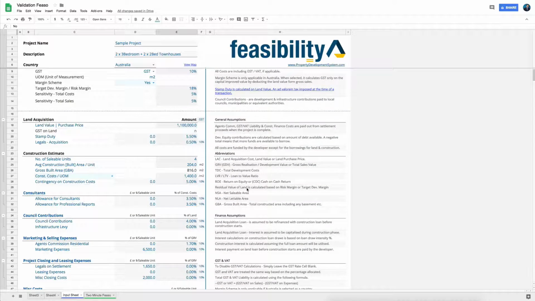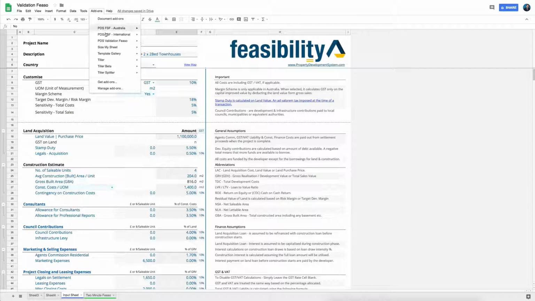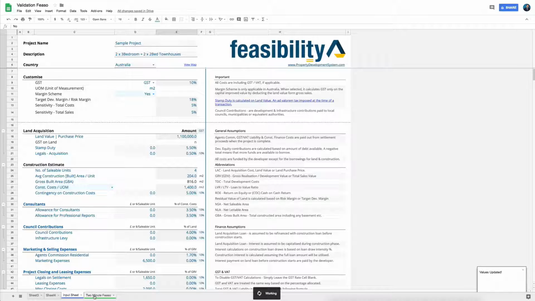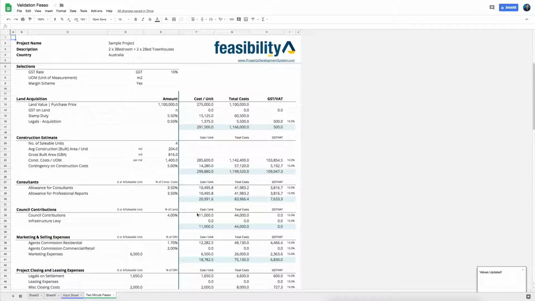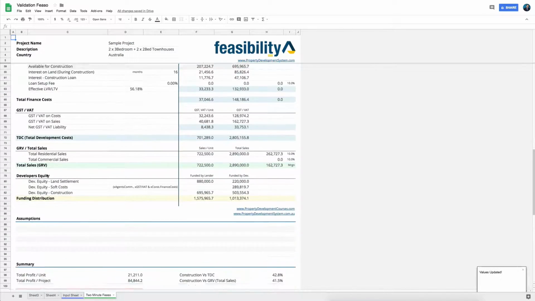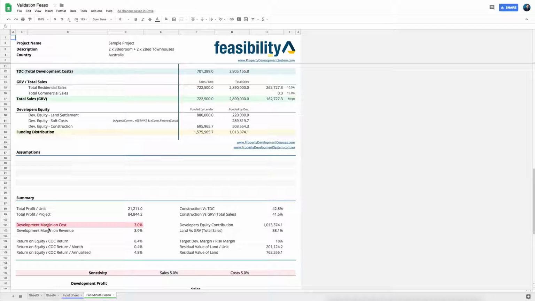So once this is all done, all I have to do is go back into my add-on and go update feasibility. It starts doing its magic. And once it's done its magic, I can click on the other sheet and I'll see what my numbers are coming out to be. So in this scenario, it's coming out to be 3% profit.